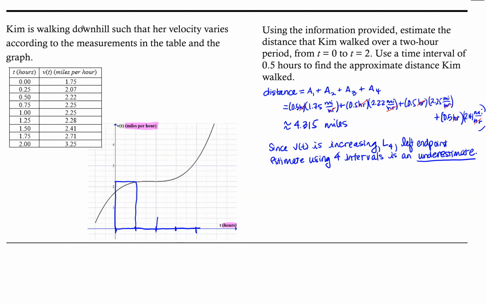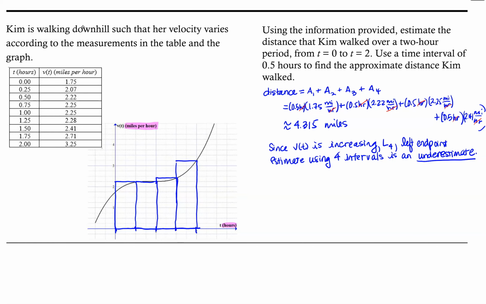We'll use the height of the velocity function at 1 hour to create our second rectangle, the height of the velocity function at 1.5 hours to create the third rectangle, and then the height of the velocity function at 2 hours to create the height of our last rectangle.